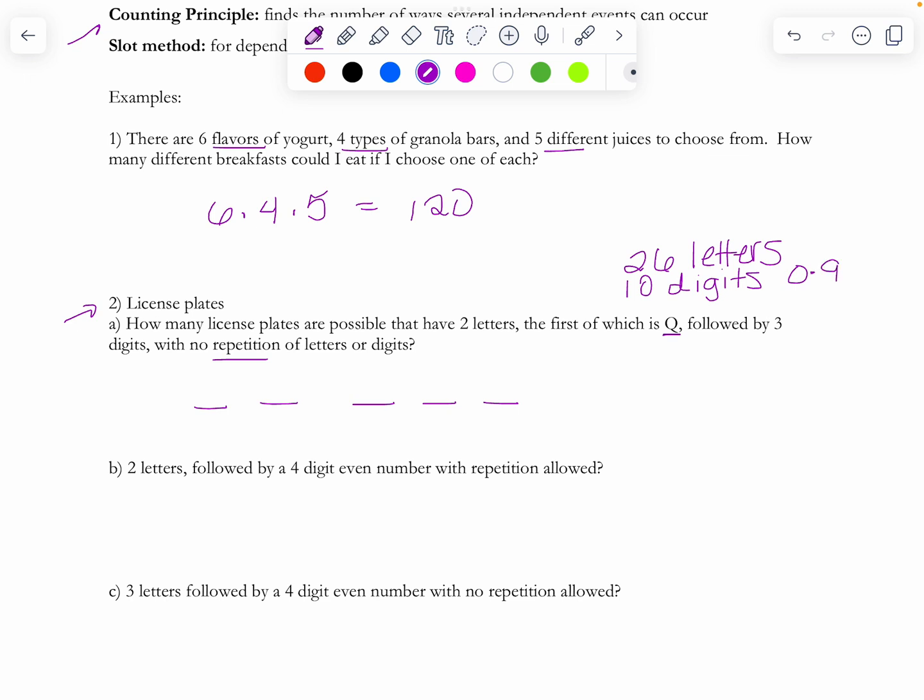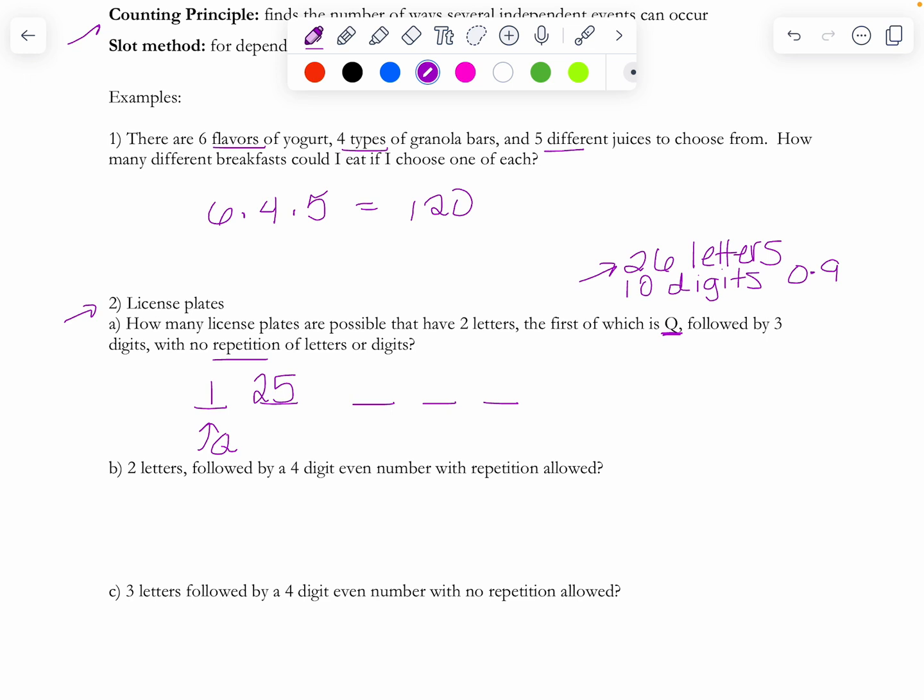So the first letter has to be a Q, so for this first spot I only have one choice. It has to be a Q. Now my second spot, it says I cannot repeat, no repetition. So I used one letter from the alphabet, and I have only 25 letters left.